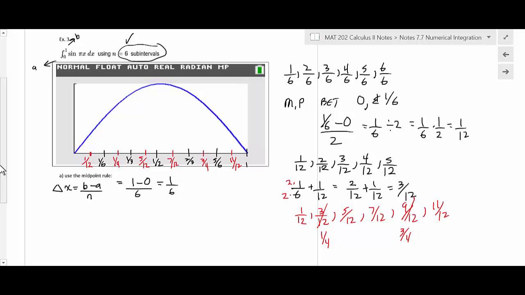So the next thing that you want to do is draw a picture of this. So what you do is remember your rectangle goes from the midpoint, okay? And you want to draw your rectangles around kind of like that. That's your first rectangle. Second one, go to the midpoint and go straight up to the curve, and then just draw a rectangle around like that.